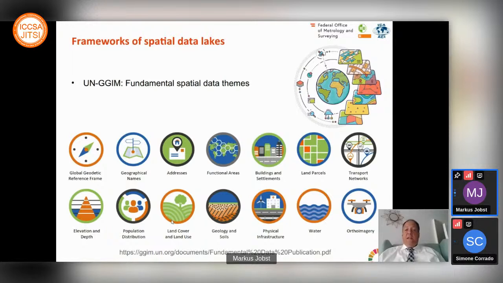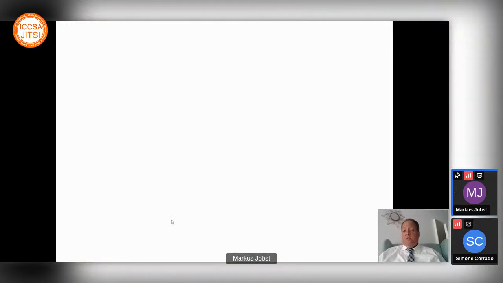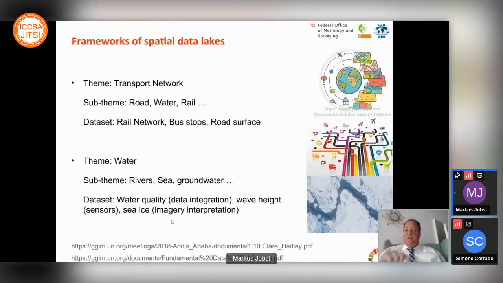And I can tell you, no, this is not enough, because the understanding of transport network is very detailed. Because the transport network contains the road, the water, the rail, and a lot of other aspects where you can derive information. So it's not enough to provide a data theme containing just the bus stops.